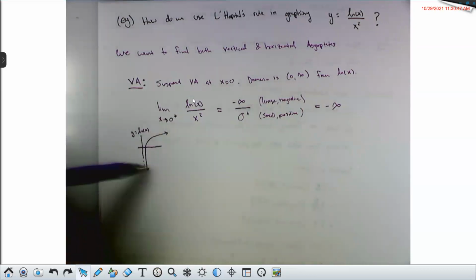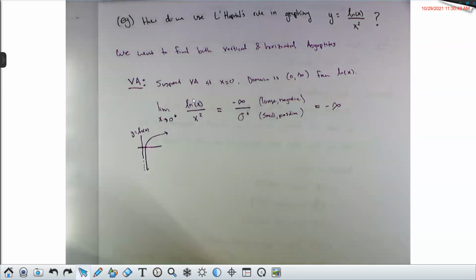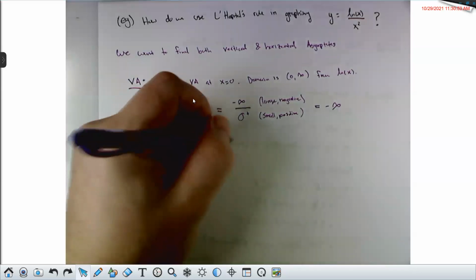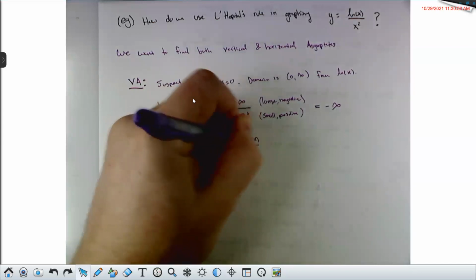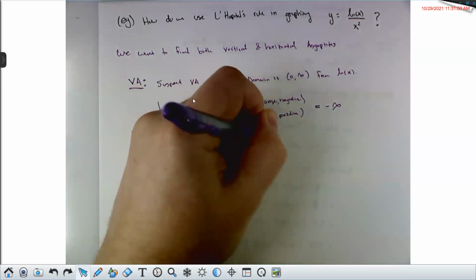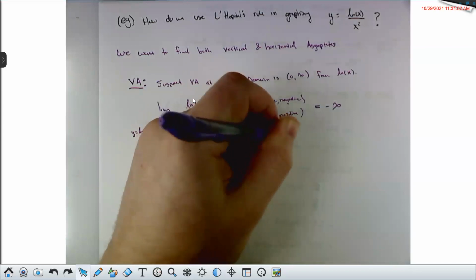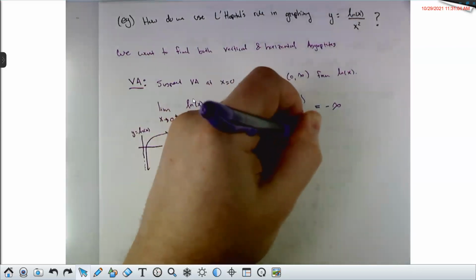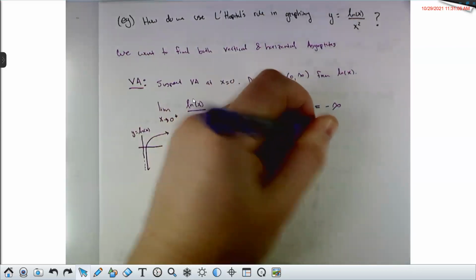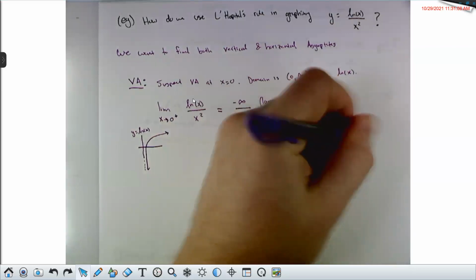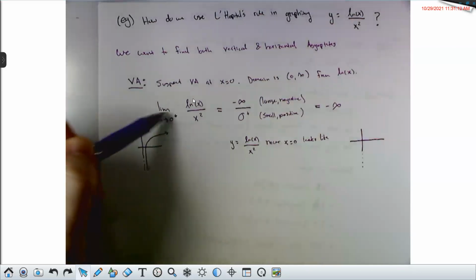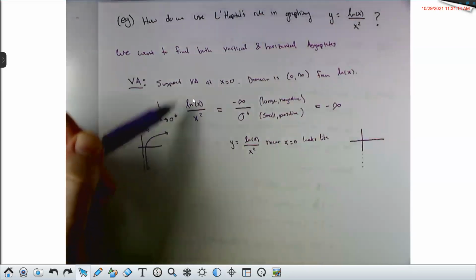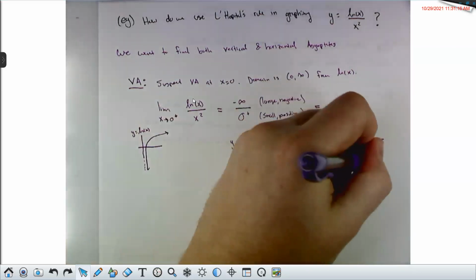So just like the natural log itself, right? This sort of local behavior, the graph of y equals ln x over x squared near x equals 0 looks like the logarithm itself. I can't say what's going on anywhere else, but I can say as we go to 0 from the right, my curve goes to negative infinity.